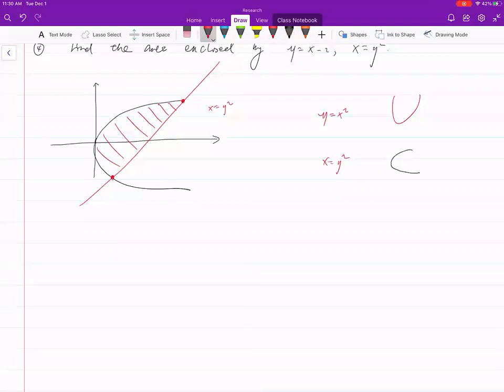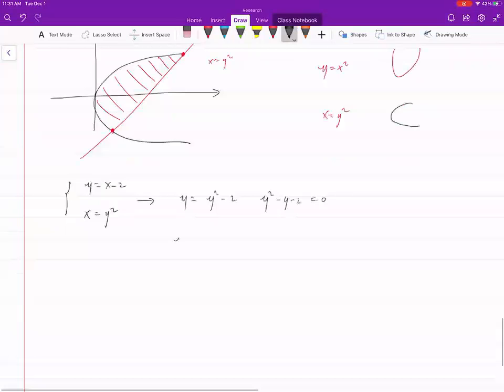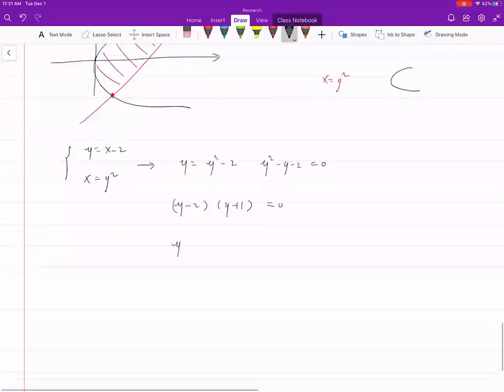So first, set them to be together, and go ahead and try to solve for X and Y. You should have 2 answers, each one corresponding to 1 point. Starting from the first one, X equals Y squared. So Y equals 2 or -1.